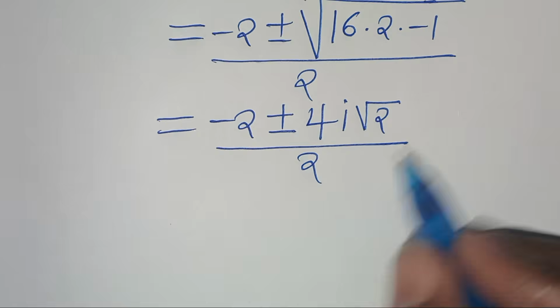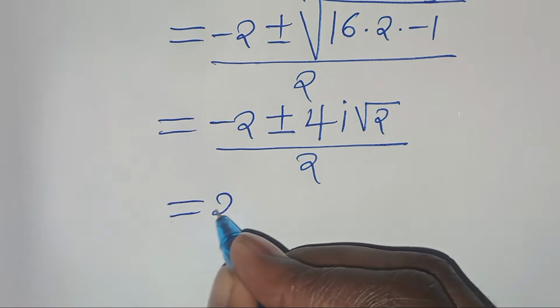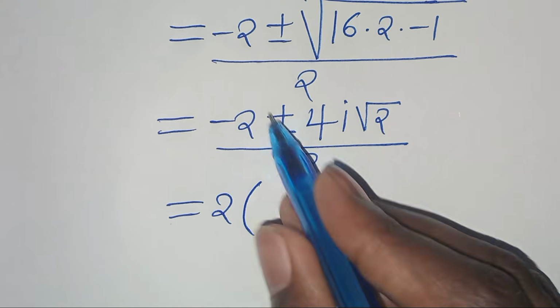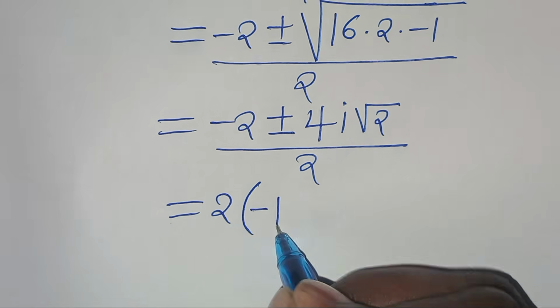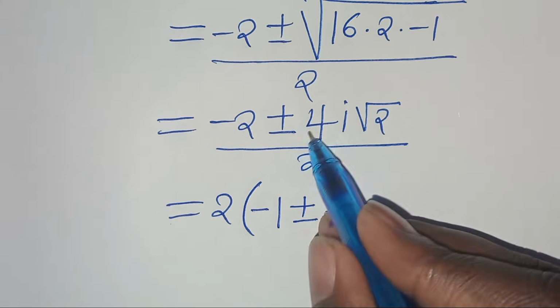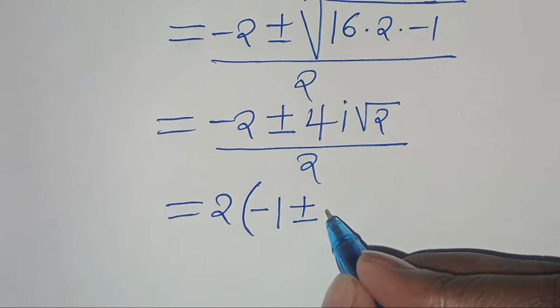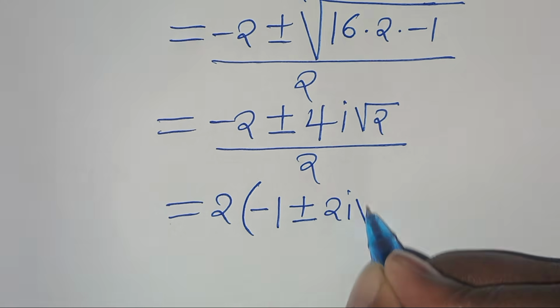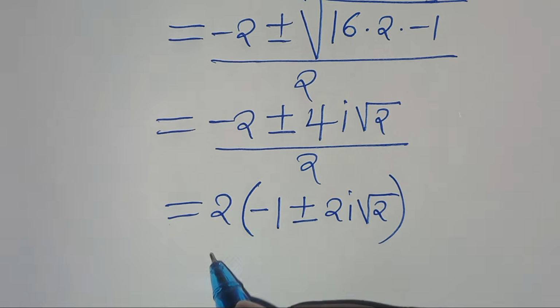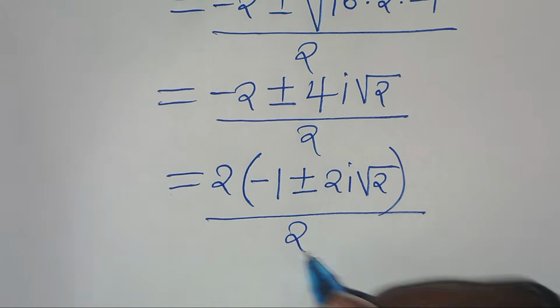In the numerator, 2 is common, so we can factor out 2, so that we have negative 2 divided by 2, which is negative 1, plus or minus 4i square root of 2 divided by 2, which is 2i square root of 2, then everything divided by 2.